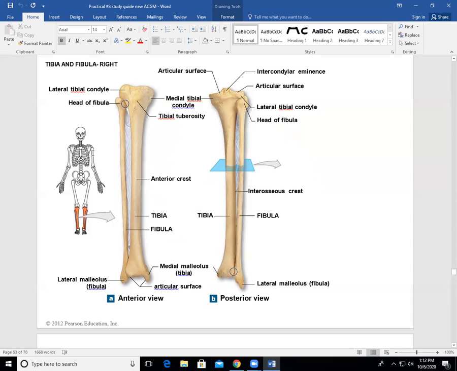So with the tibia, what do you need to know? Remember, this is medial, this is lateral. So this is the medial tibial condyle and the lateral tibial condyle. This bump here is the tibial tuberosity.